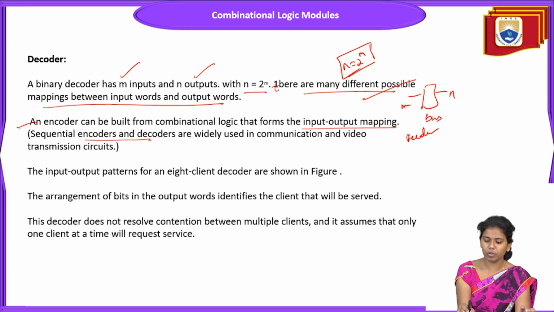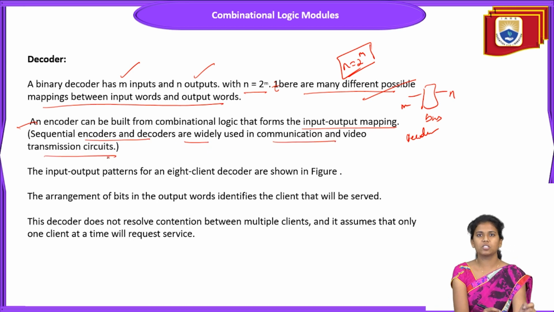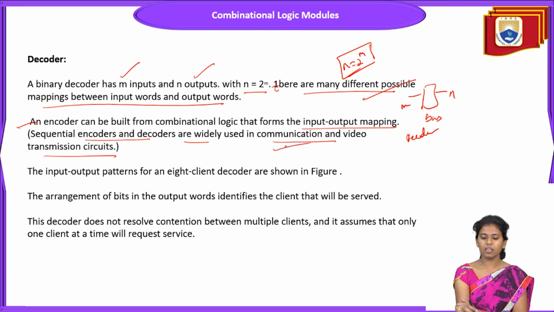These combinational circuits, like encoders and decoders, are widely used in communication and video transmission circuits. Okay, now it's important, you have to remember this point.